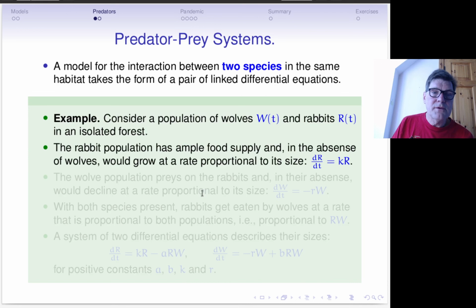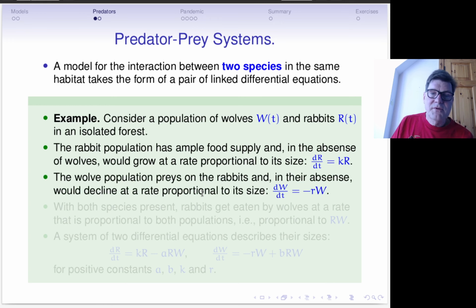And the rabbits have ample food supply and would, in the absence of wolves, in the absence of predators, grow at an exponential rate, at a rate that is proportional to their current size.